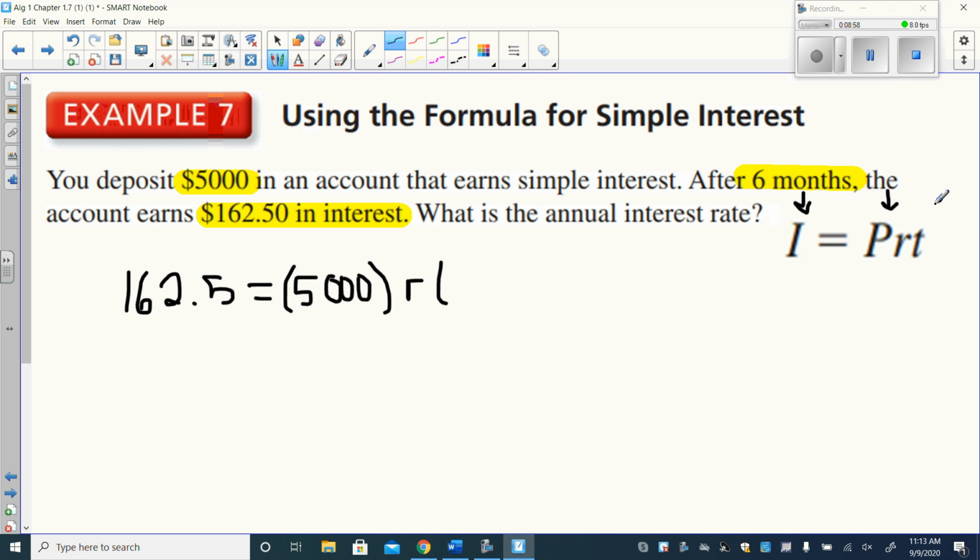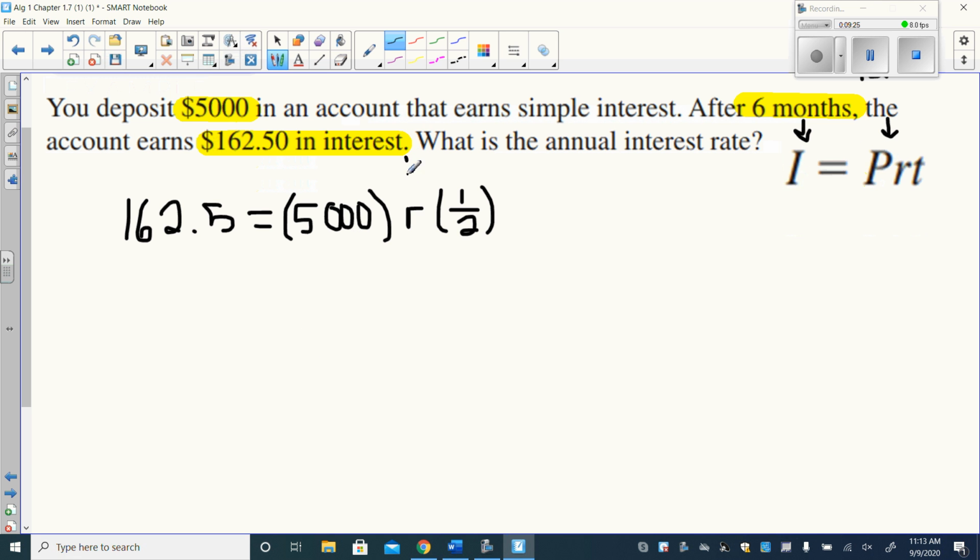Now, again, time is in years. So how many months in a year? There are 12. So 6 divided by 12 is 1/2. So 6 months is half a year, so we have 1/2. We have to keep it in terms of years, not months.